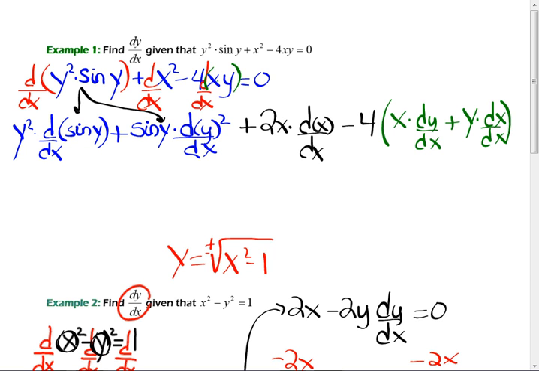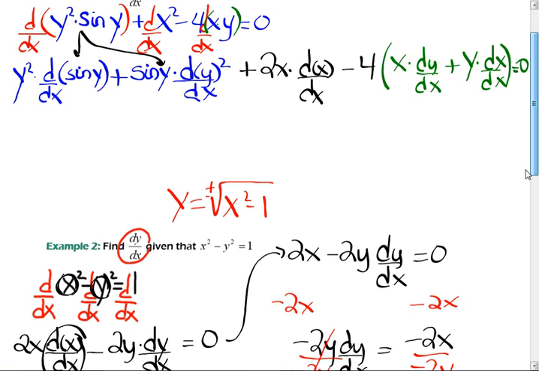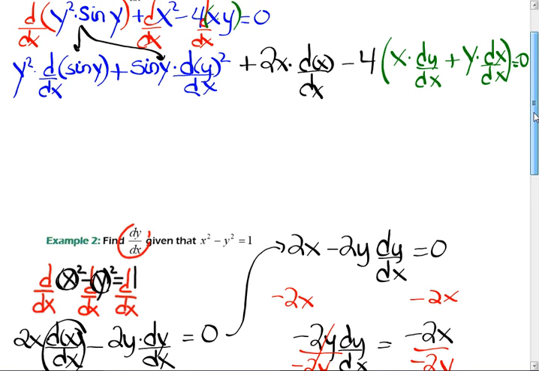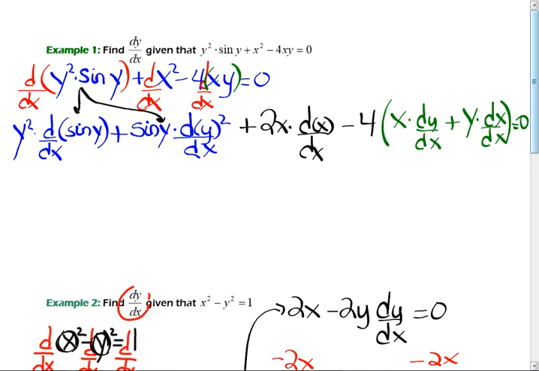Equals what? 0. Okay. The negative 4 is still there. Yes. I haven't done these derivatives. I'm going to get there, but this is the plan. We're going to do that right now.